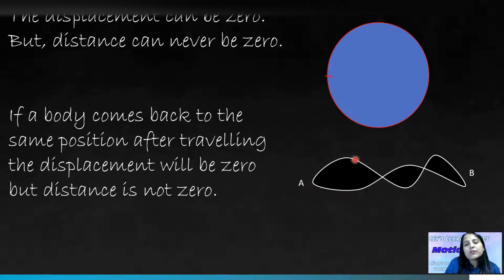Similarly, if you take a curved path like this, now follow the curved line. From A, it reached B, again it turned around and again came back to A. That means it is returning back to the same point where it has started. That's why the net displacement will be considered as 0.